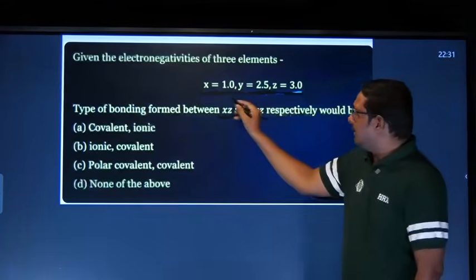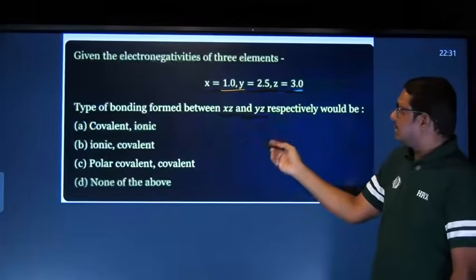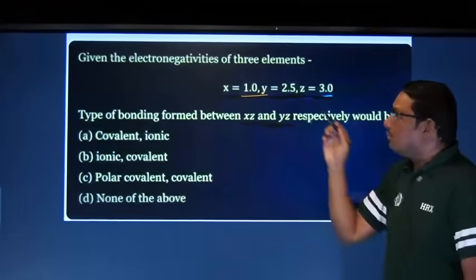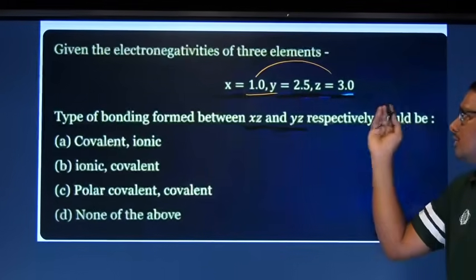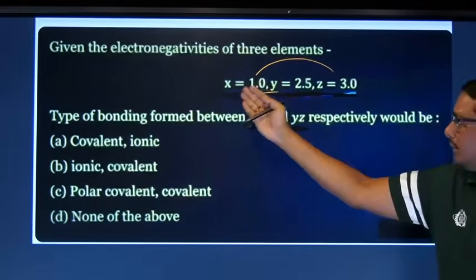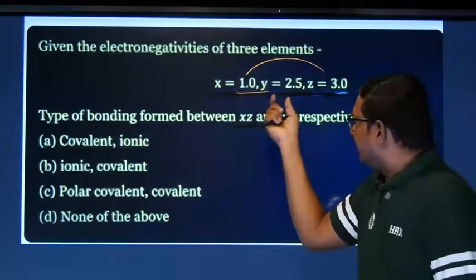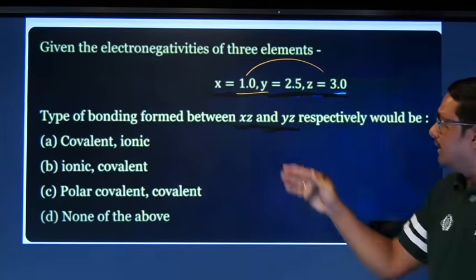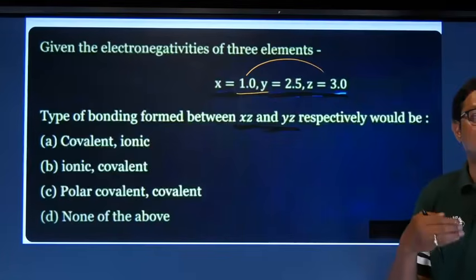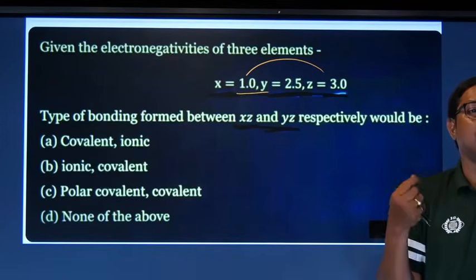That means between x and y, the difference is 1.5, and between x and z, the difference is 2.0. Between x and y, the difference is 1.5, so a covalent bond is formed.